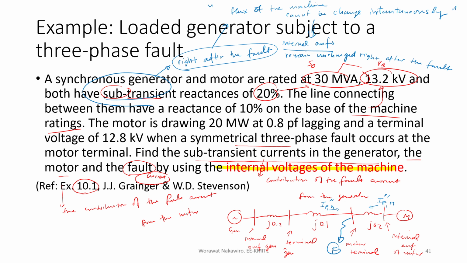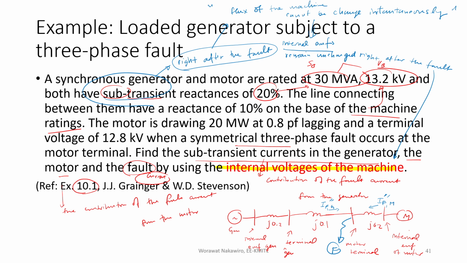That's why this problem suggests that you should calculate the fault current by using the internal voltages of the machine. This is the underlying assumption, right? So the internal EMF, the internal voltages of the machine, have to be calculated before the fault.